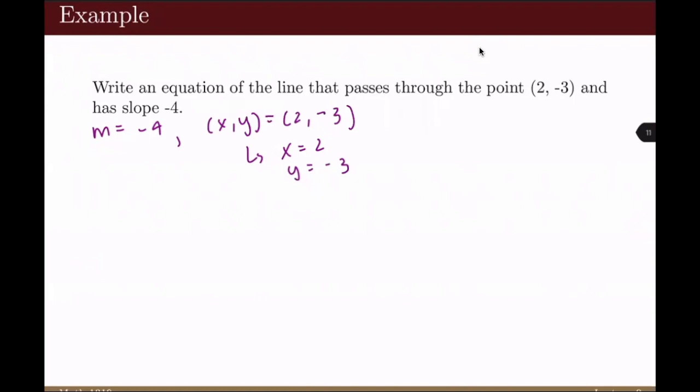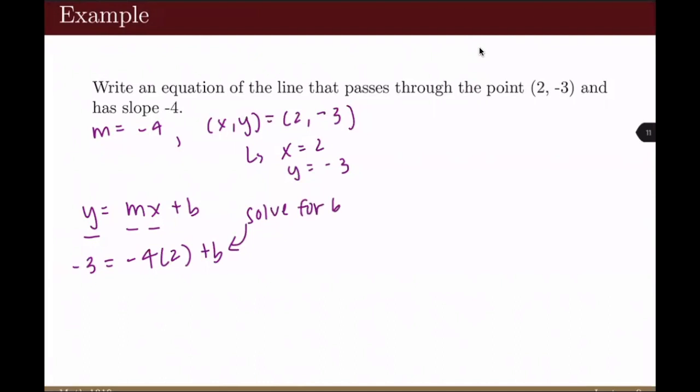Now, looking back at my slope-intercept form, y equals mx plus b, I have 3 letters I can plug in. So my y was -3 equals m, which was -4, times the x, which is 2, plus b. And I'm going to solve for b.